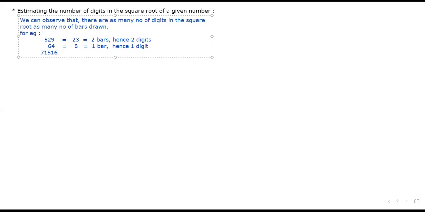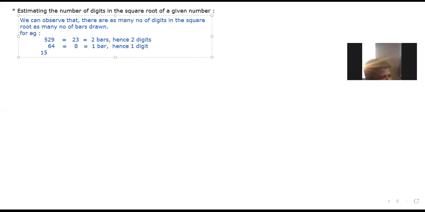What we have found out? 15376 was our number, a 5-digit number.